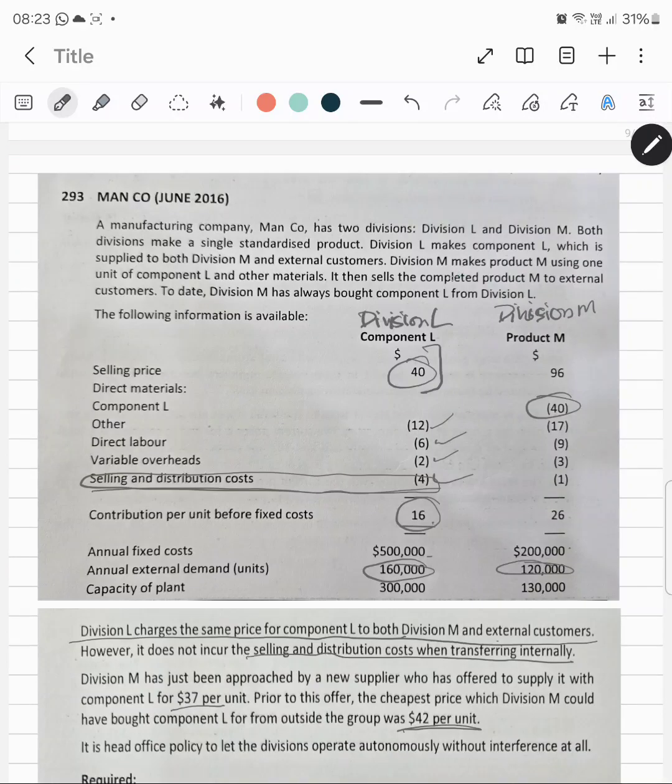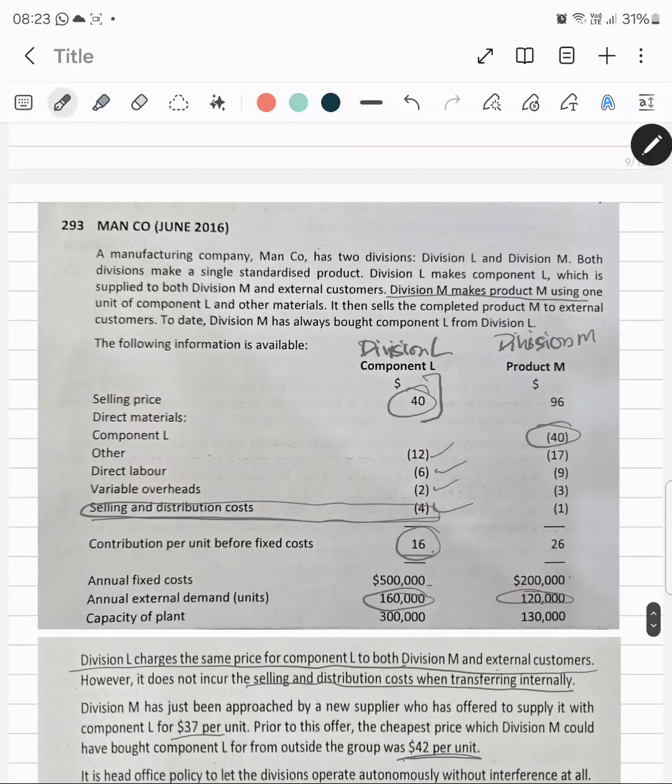Division M makes product M using 1 unit of component L. So division M is only externally transferring, right?